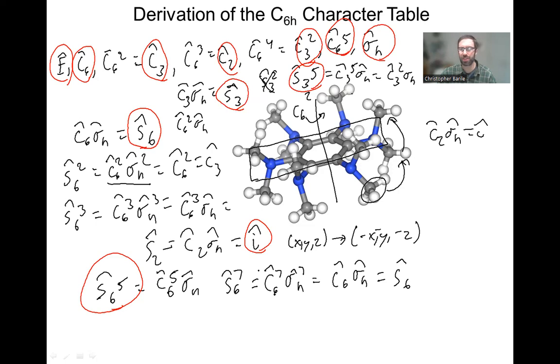Just to remind you of the definition of how you figure out whether or not you put two operations in the same class: if you can show that two operations are mathematically equivalent in the transformation that they do, their transformation matrix, for example, when you use two different valid Cartesian coordinate systems, then they may be grouped in the same class if the point group has a symmetry operation that can interconvert those two Cartesian coordinate systems.